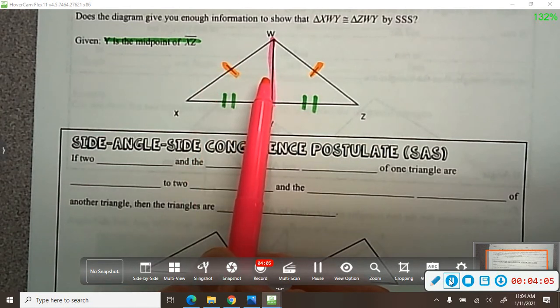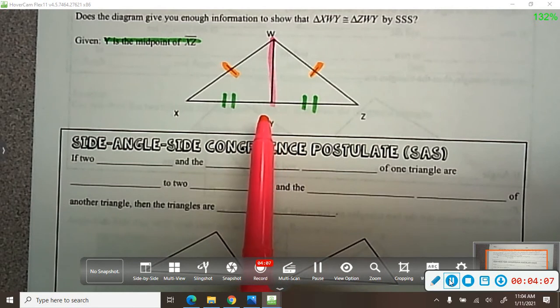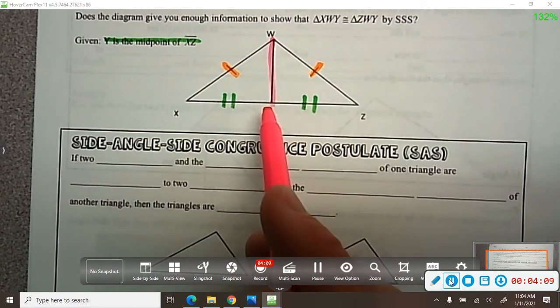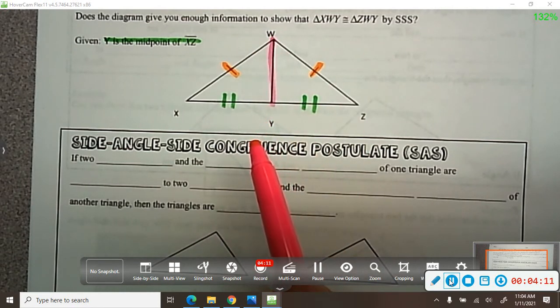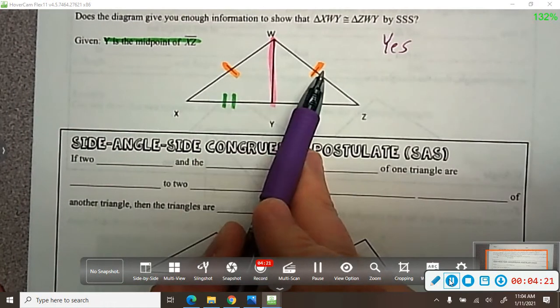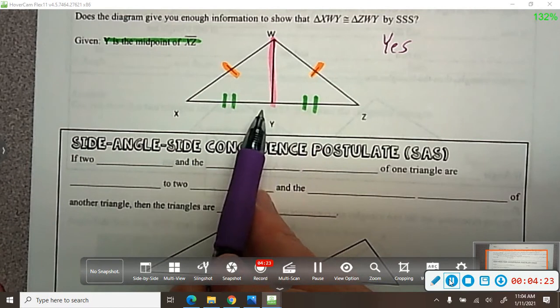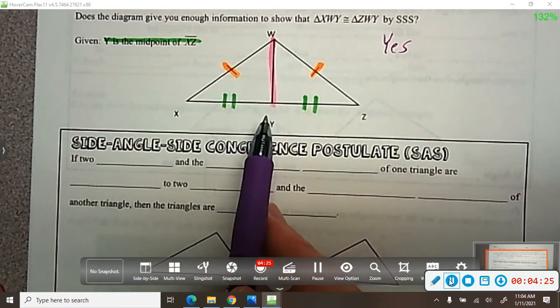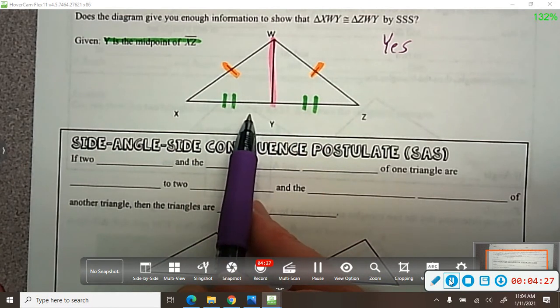We use the reflexive property, which says that if they share the same side, then the side has to be congruent. So yes, we do have enough information. The orange equals the orange, the green equals the green, and the pink is the same because it's the same side.